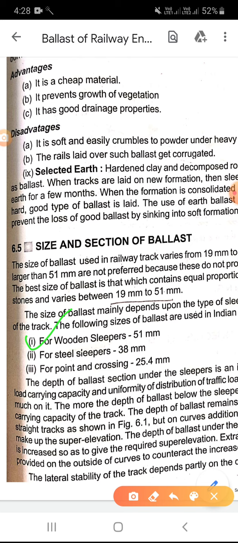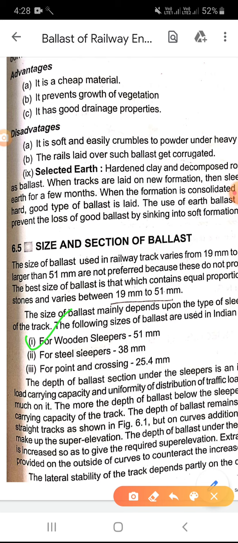For steel sleeper, 38 mm. For points and crossings, 25 mm. This is the railway ballast.